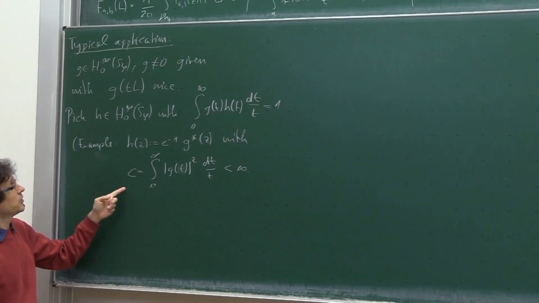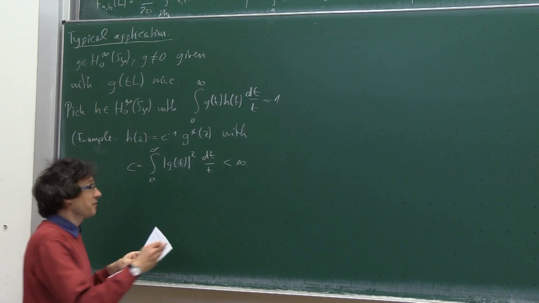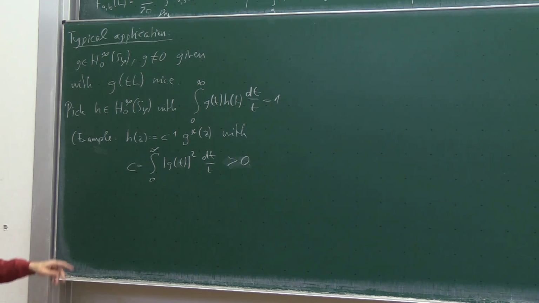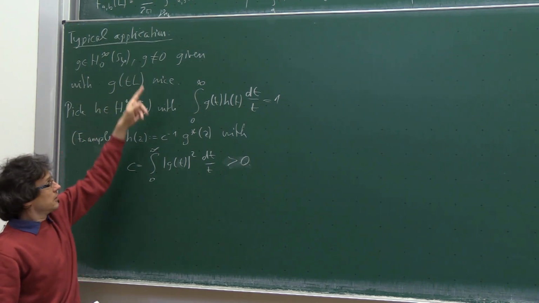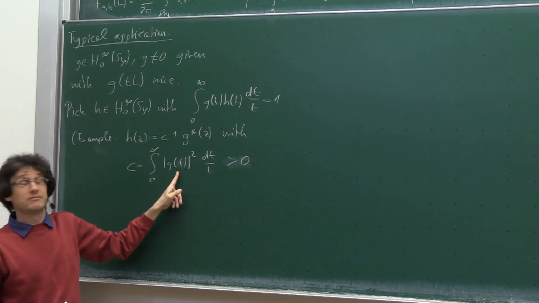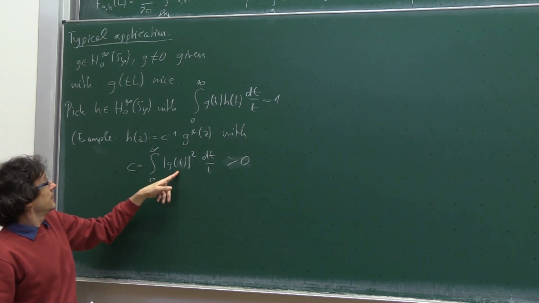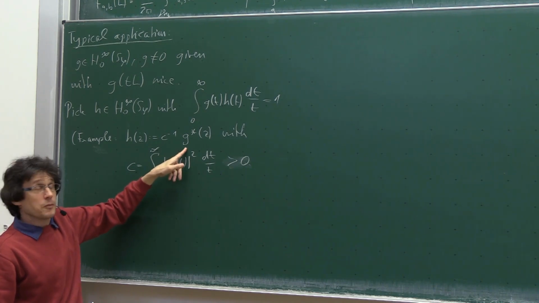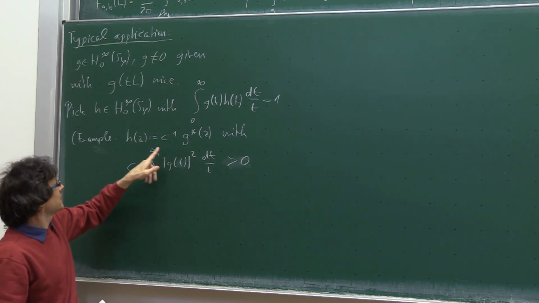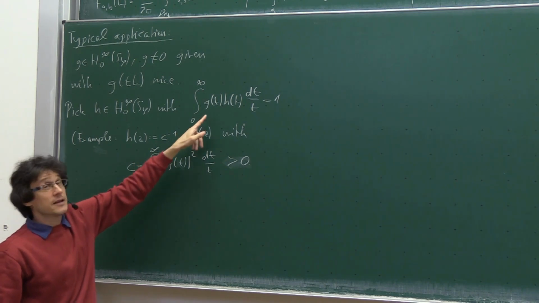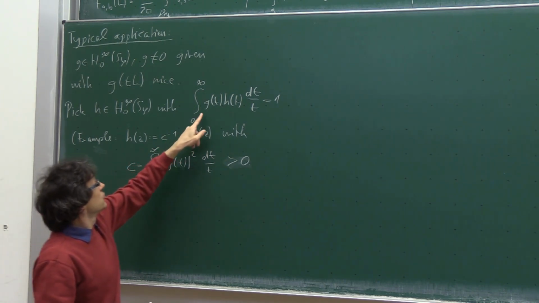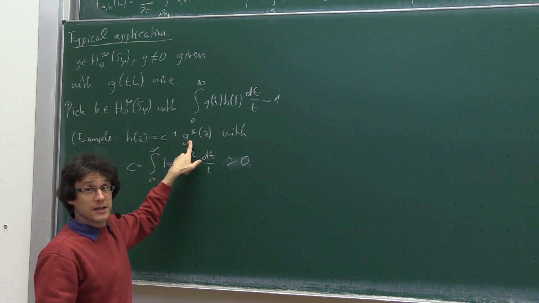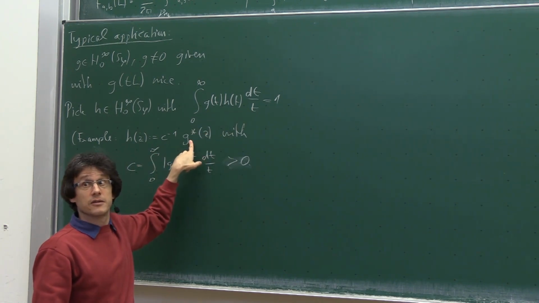And note, this is also always a strictly positive number, because g is non-zero. This is a sort of 2-norm, so this is strictly positive, and so you can invert. And this is the holomorphic conjugate, which also always exists. If you take this as h, you will find that here you have 1, because g of t times h of t is g times, for real arguments, the holomorphic conjugate, which is just the complex conjugate.